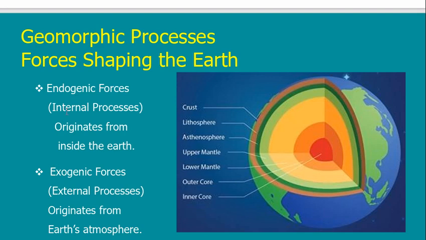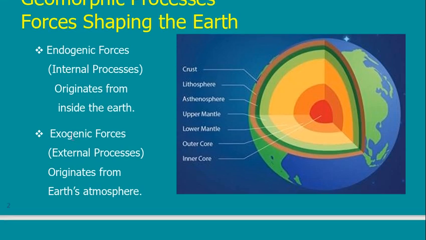Endogenic, from the name, means that it comes internally, from the inside of the earth. We said that this is similar to volcanoes, earthquakes. These are forces coming from the inside of the earth, and when they come outside, they shape the earth.